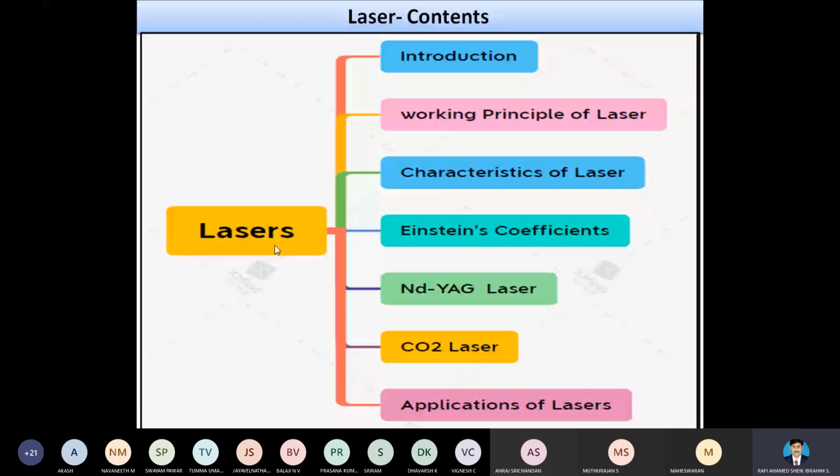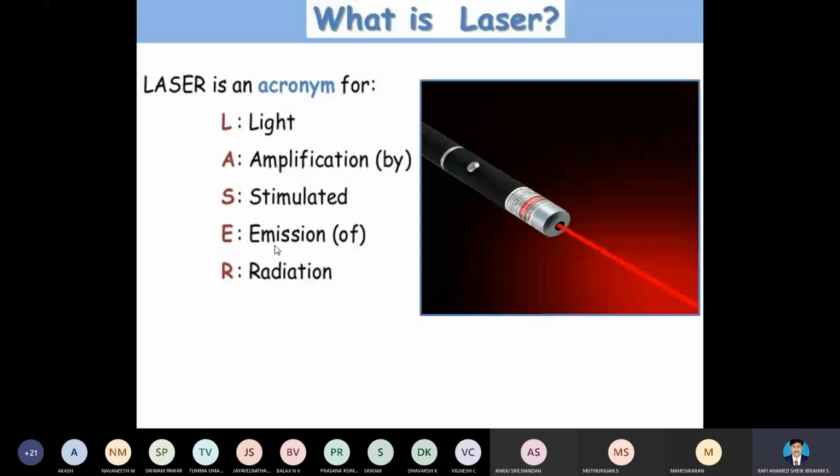The term laser is defined as light amplified by the stimulated emission of radiation. Light amplified by the stimulated emission of radiation is the principle for the laser.